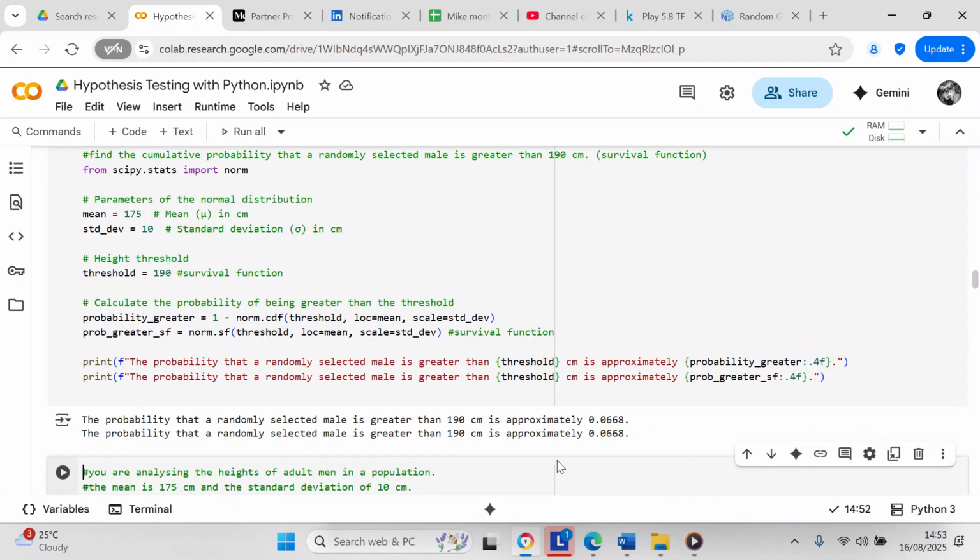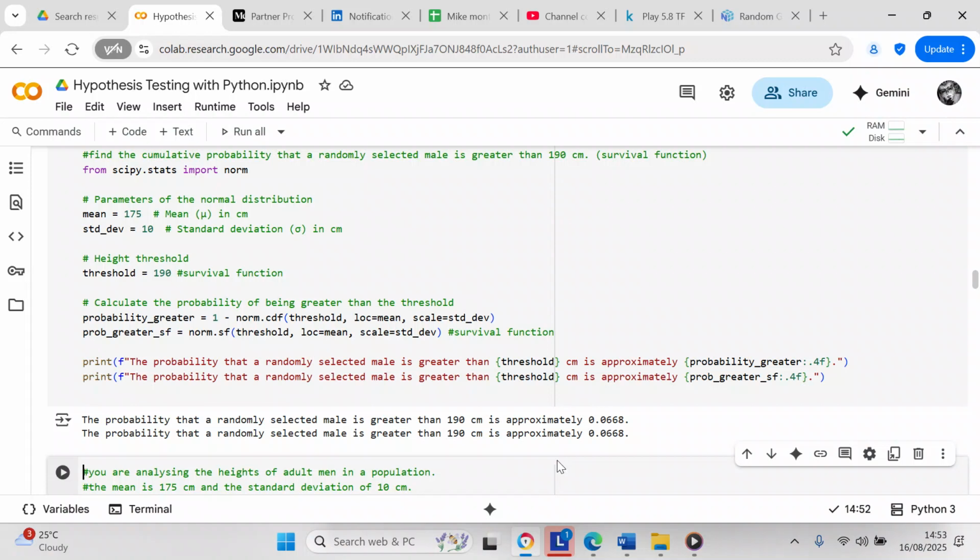So you get the same answer with 1 minus norm.cdf that you get with .sf. That's just what I wanted to prove, that you can do it either way, 1 minus norm.cdf or with SF.